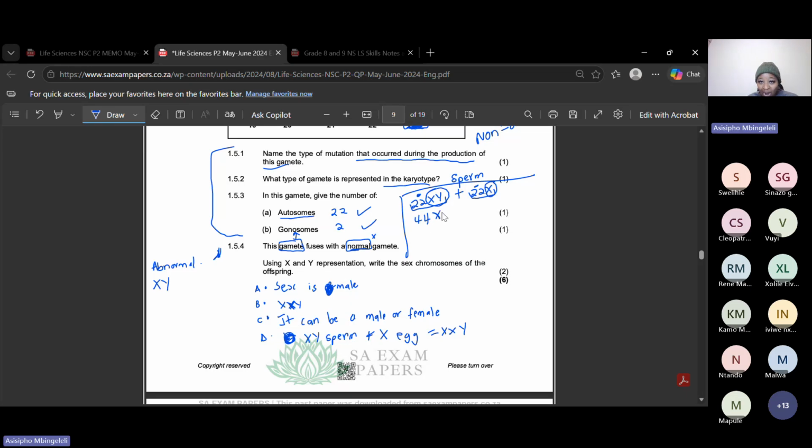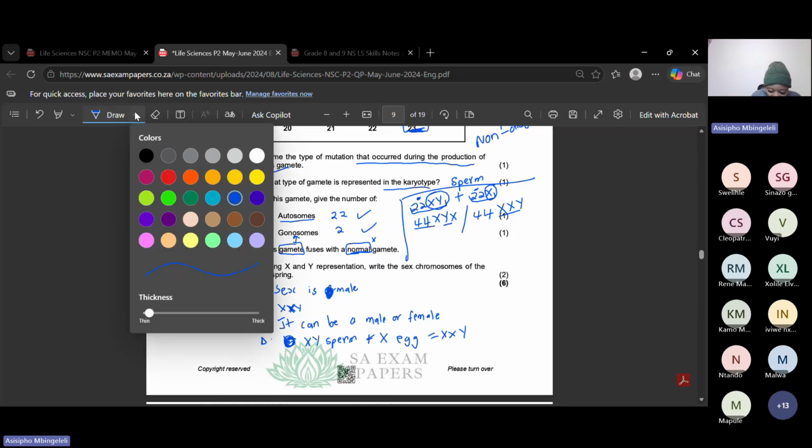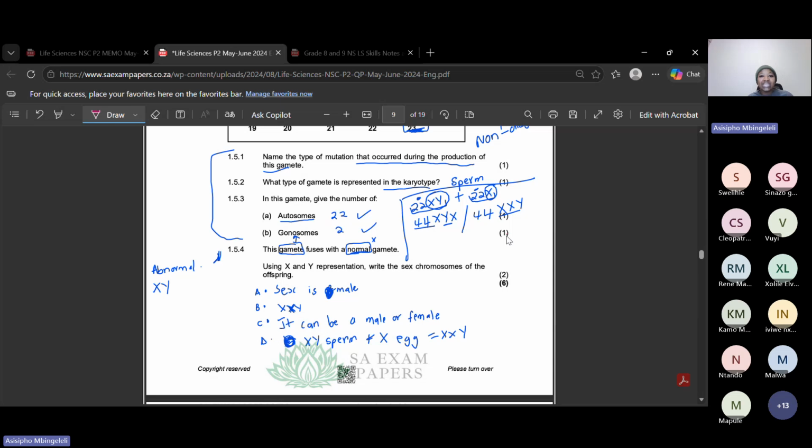X, Y, X, or 44 autosomes with XXY. It doesn't matter how you arrange these, but they did not want the number of autosomes. They said we must use a representation of X and Y to answer. So this particular answer is correct.